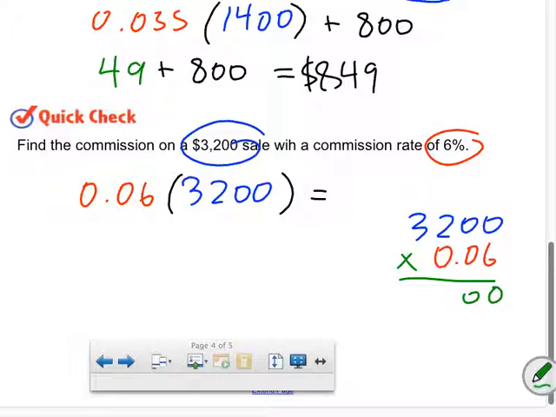Zero, 0, 12, carry, 18, 19. Okay, where's my decimal going to end up at? 2 places in, right? 1, 2. So we end up with $192.